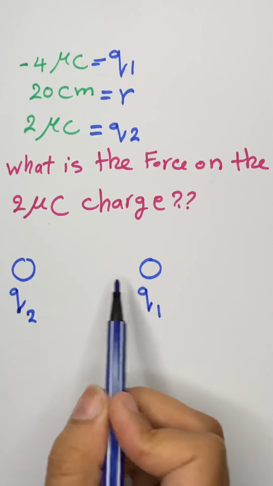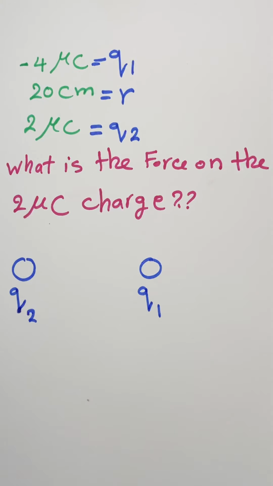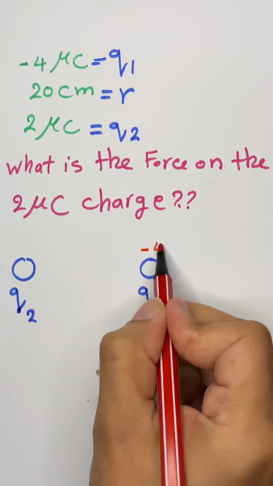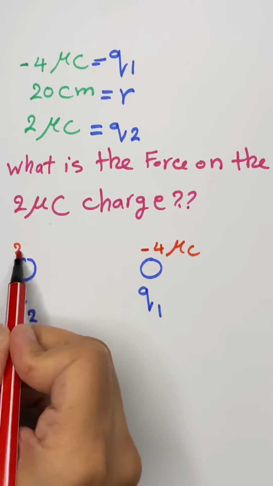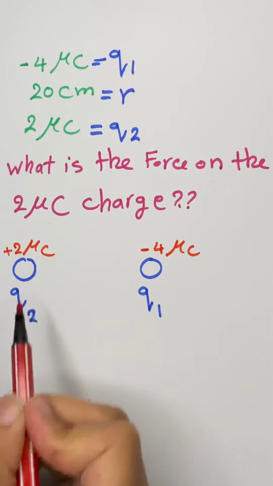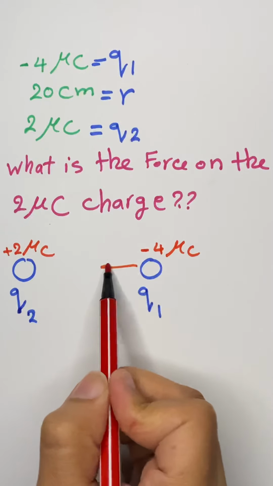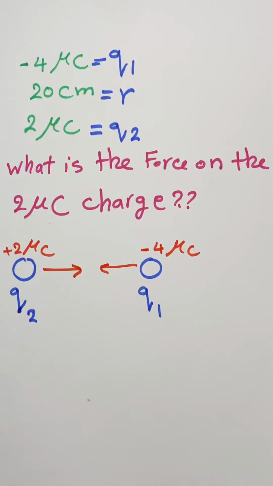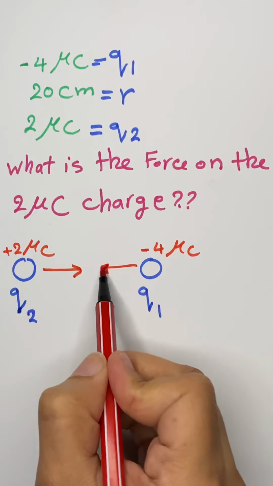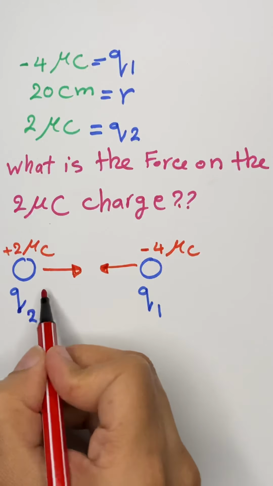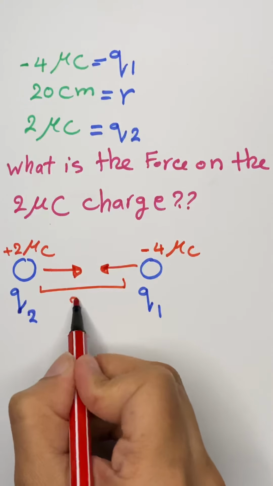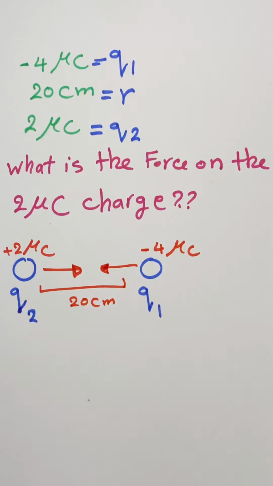I say that Q1 is minus 4 microcoulomb, and this one is plus 2 microcoulomb. So plus and minus, they will attract each other. So this one is going toward Q2. The distance between them is 20 centimeters.